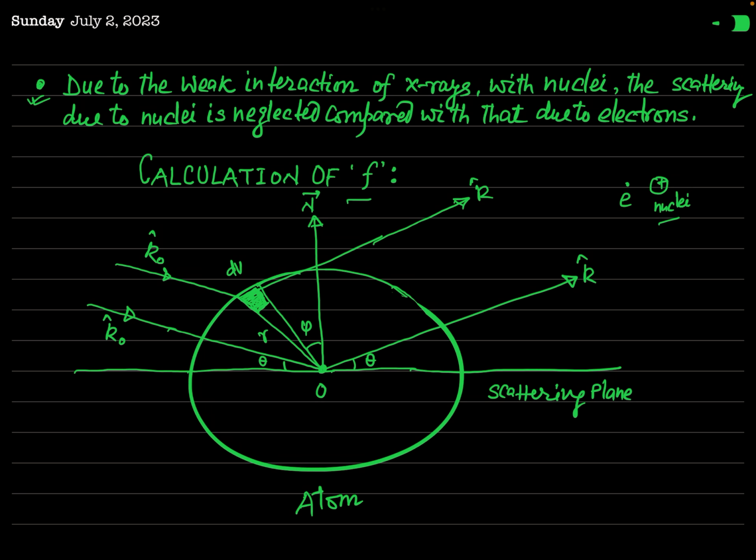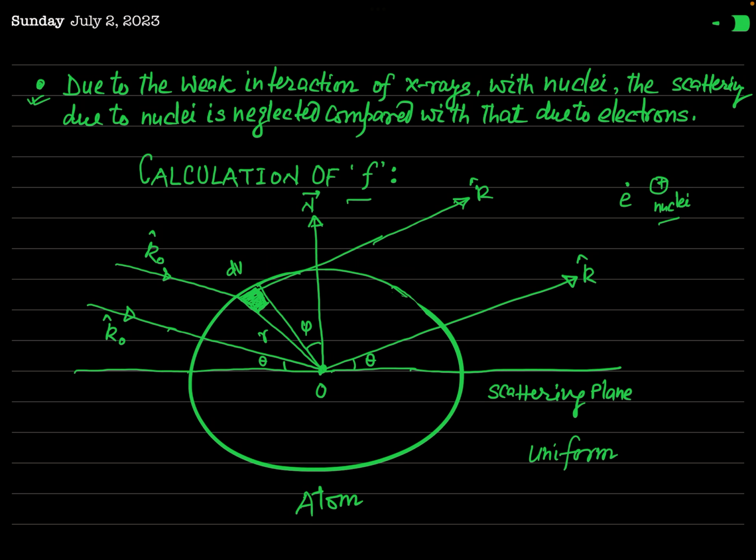The radius of this sphere is R, and its center is at O, which is taken as the origin for the measurement of distances. Mark that I am considering the charge distribution of the electrons in the volume of the atom to be uniform.